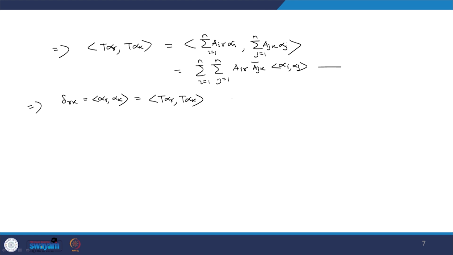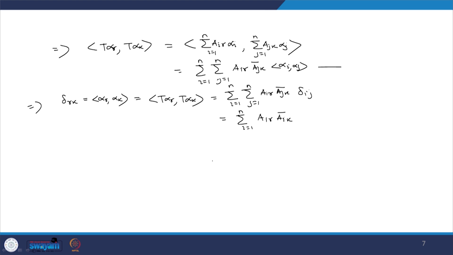So, this is equal to the sum over i equal to 1 to n, j equal to 1 to n of A i r A j k bar and the inner product of alpha i and alpha j, which will be delta i j. So, this is equal to the sum over i equal to 1 to n of A i r and A i k bar. Okay.